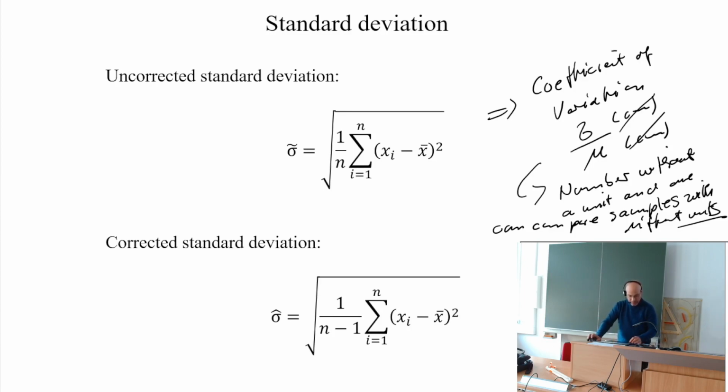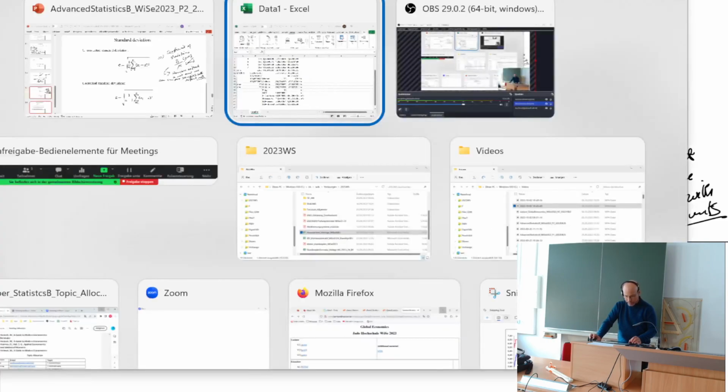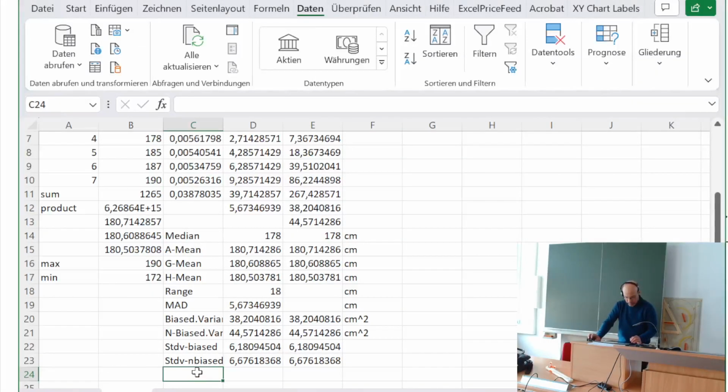And this would then be the last one: coefficient of variation.